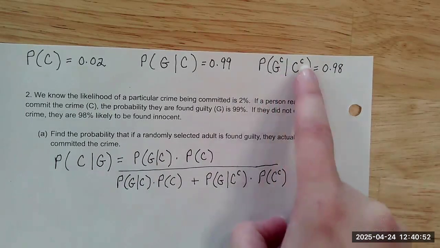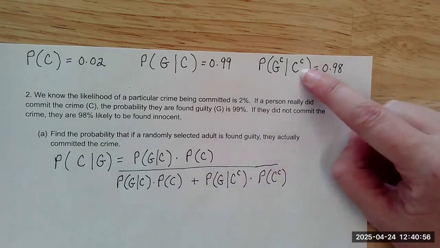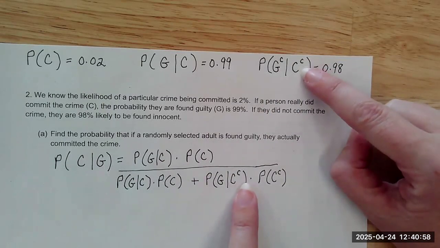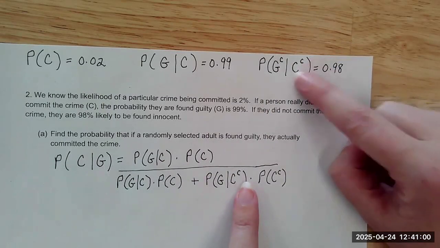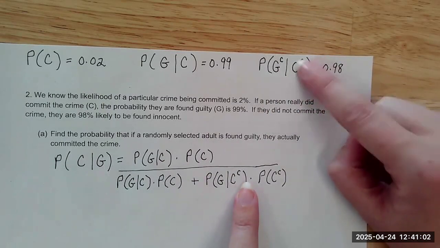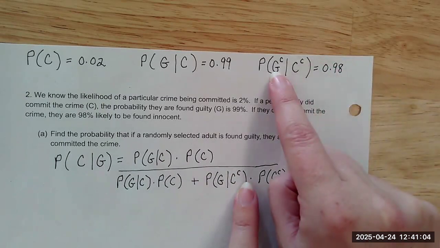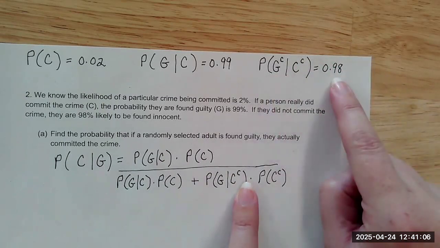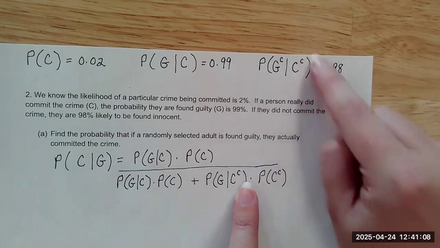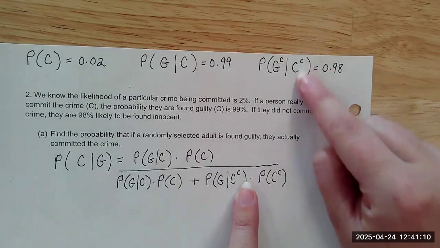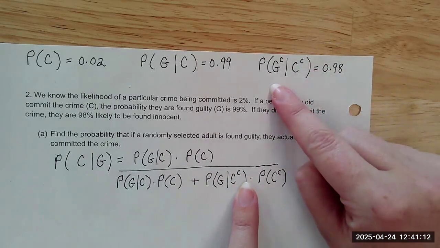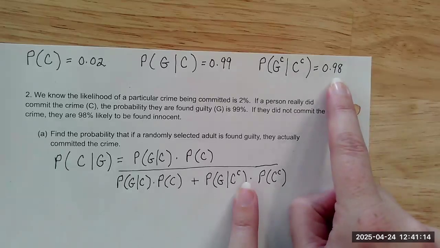I have G complement, C complement, but that's okay because this is all the people who did not commit the crime. The people who did not commit the crime, who were found innocent, was 98%. So if they did not commit the crime, what's the probability they were found guilty? The complement of that.